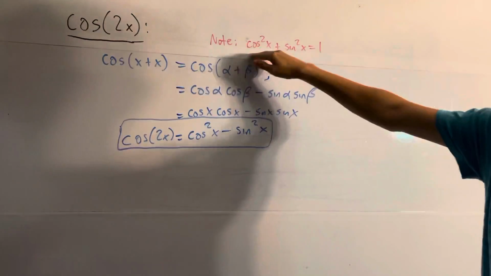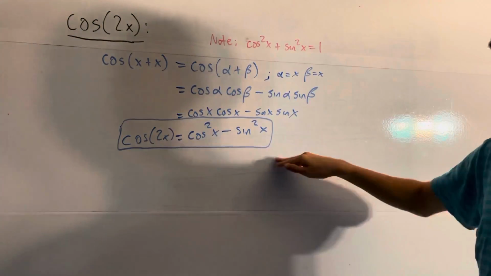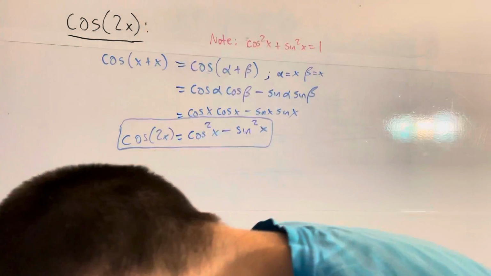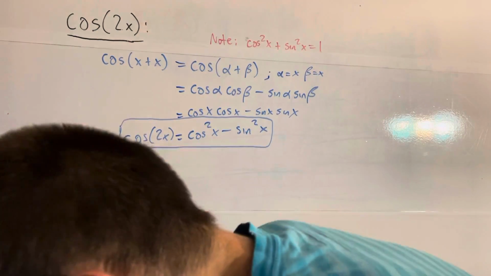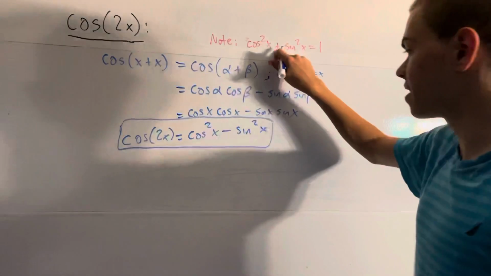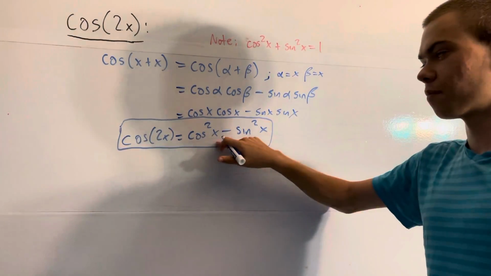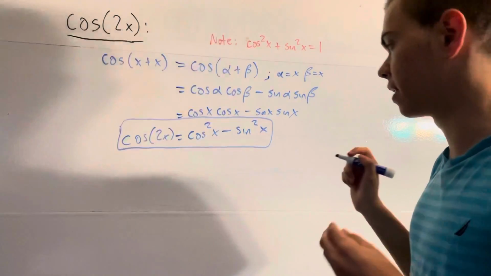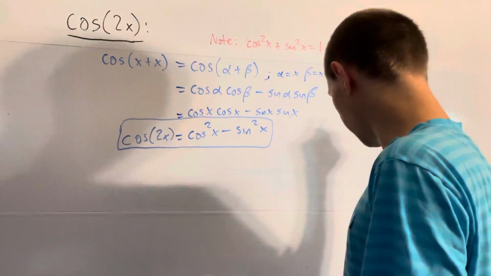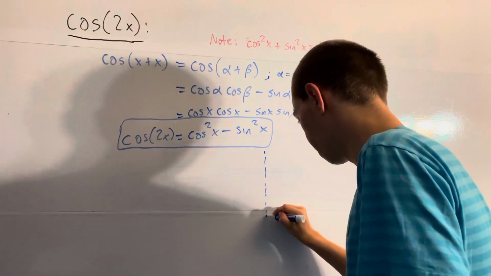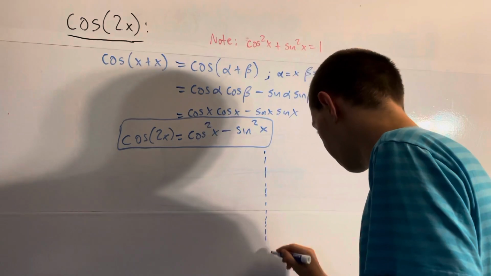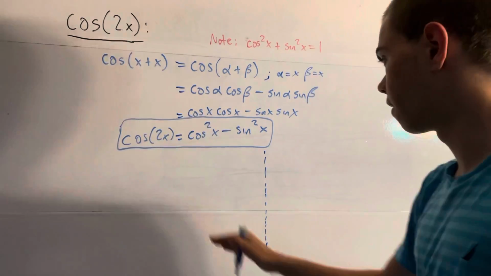Notice how this looks really similar to this. And that's pretty cool. So why don't we apply this idea to this? If we were to apply that idea to this, there are actually two cases that we could get.